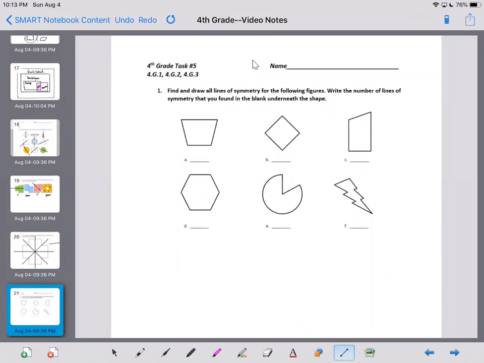And again, it's asking for you to find all the lines of symmetry. So there could be multiple lines of symmetry here. And then write the number. So in this case, we've got 1 line of symmetry there.